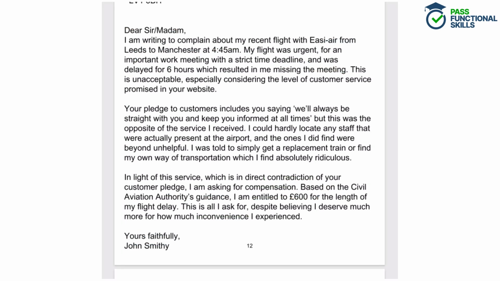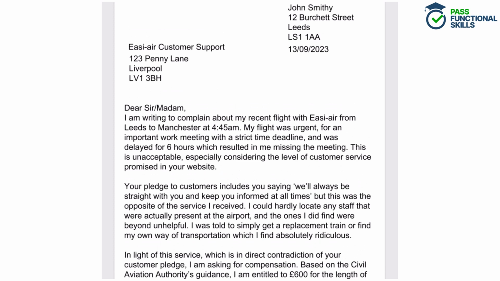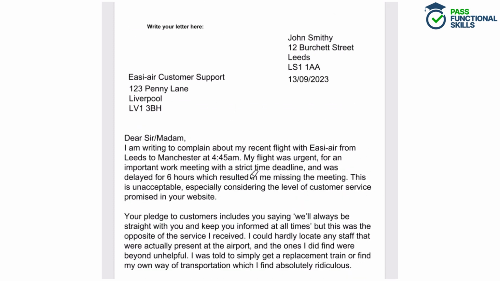Now let's take a look at how the source has been organised and formatted. So you need to choose an appropriate range of organisational features to match up with the text type that you've been asked to write. This will make your text clearer and fit for purpose. So whenever you're writing a letter, you will need to include the following features.